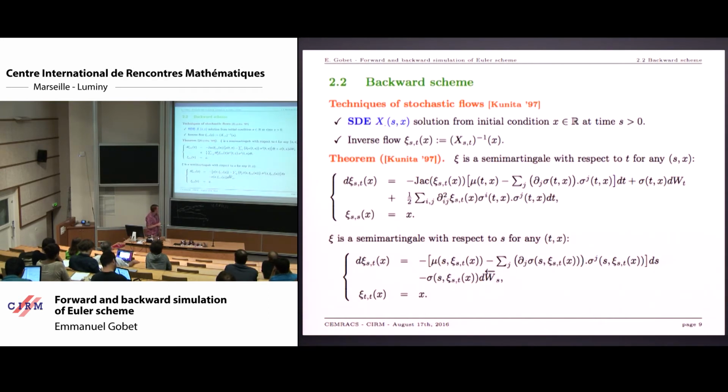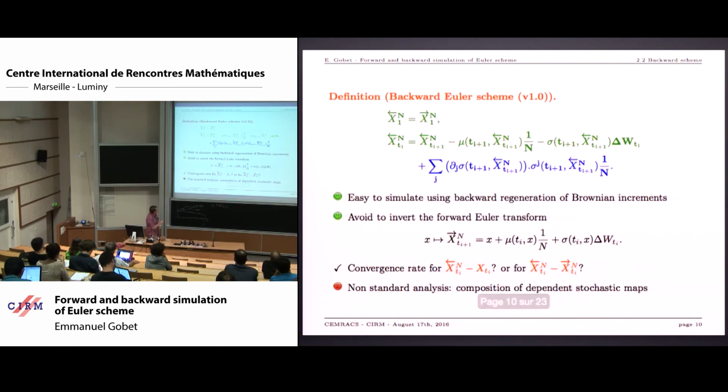You just have to revert the drift and revert the sigma, or take minus the drift and minus sigma, and there's a correction term due to the diffusion coefficient. So it gives rise to this equation, and you use, of course, the Brownian increments in the other direction. So the new term is that one.